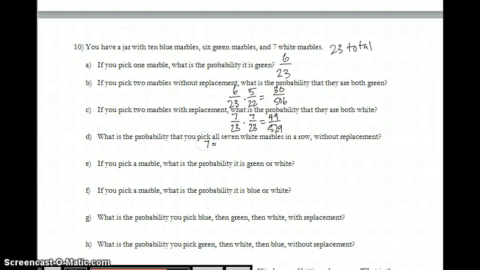We have 7 marbles that are white over 23, and then 6 out of 24, and then 5 out of 23. Oh, that went up. It should have gone down. These are wrong.